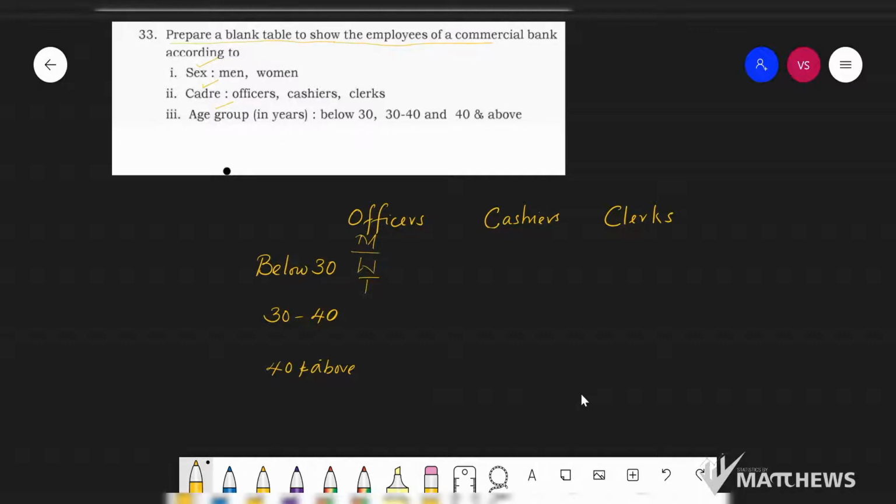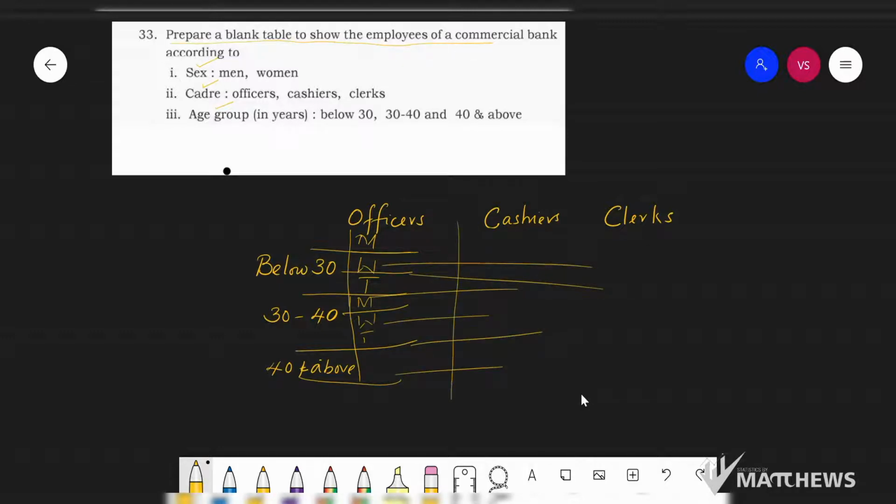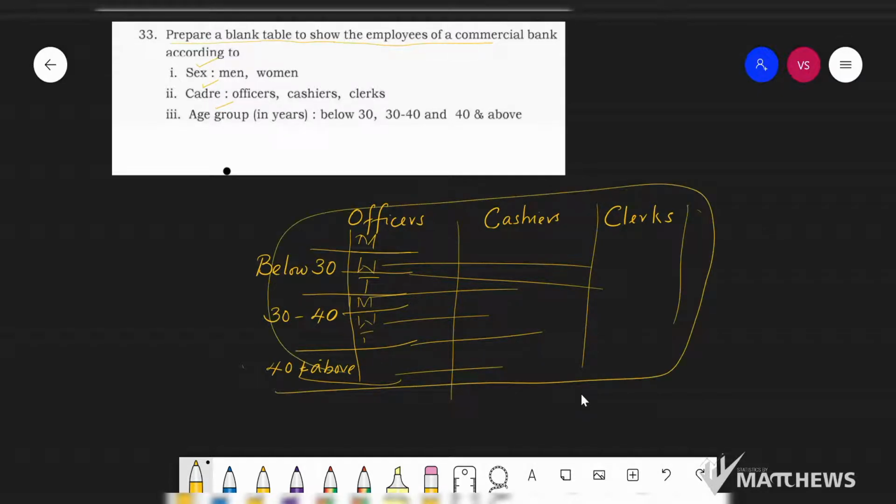You understand now? So in the first row itself, again 3 rows will be added. Likewise, the next 3 rows will be added: men, women, total. So like this we can do, students, where we can show more rows than columns. So this will also serve the purpose for us. This is how roughly we can do this, students.